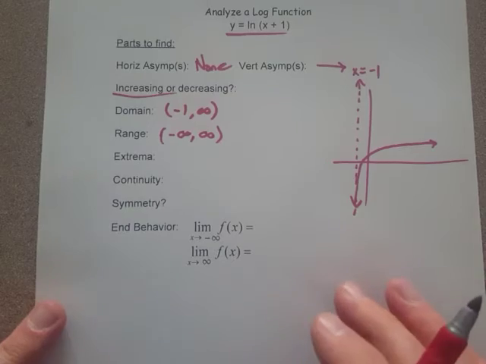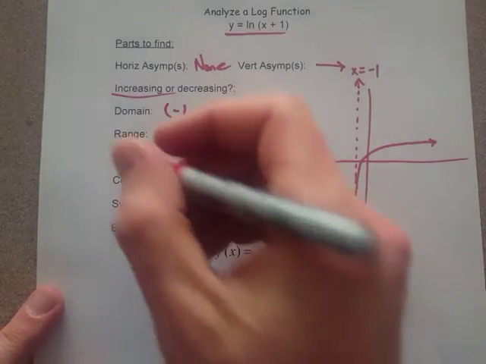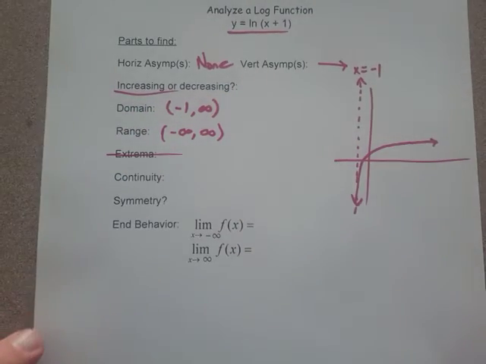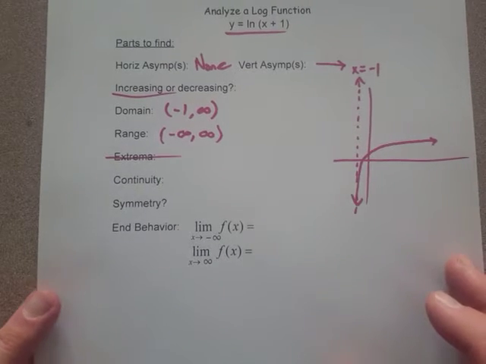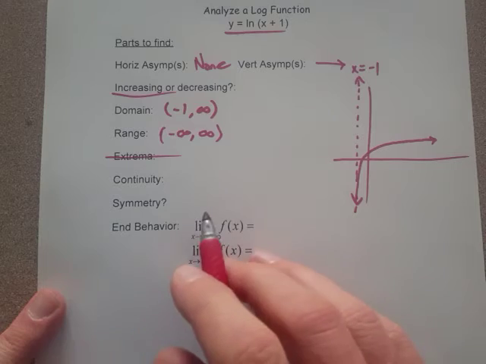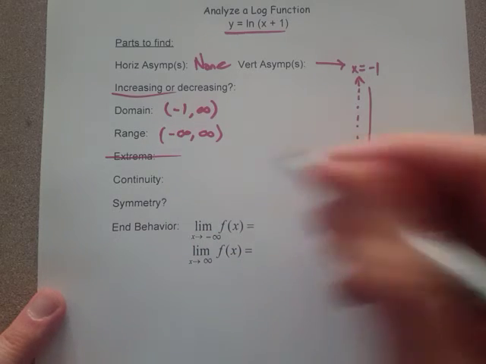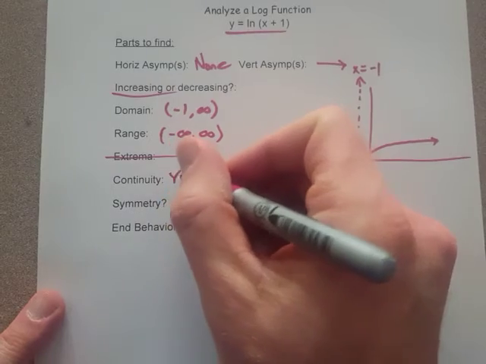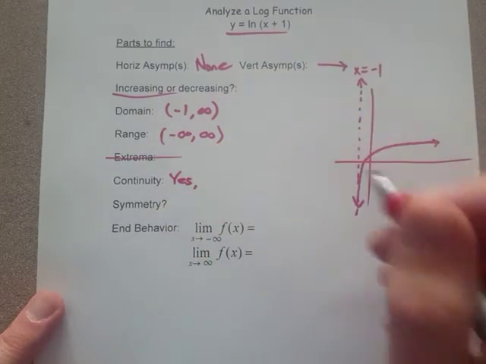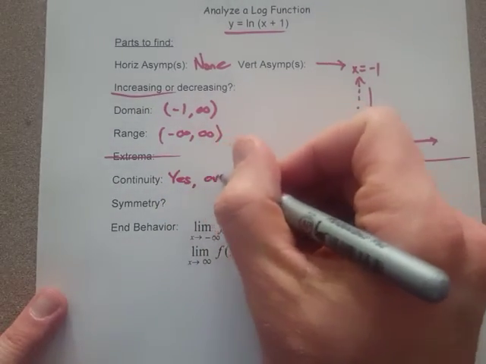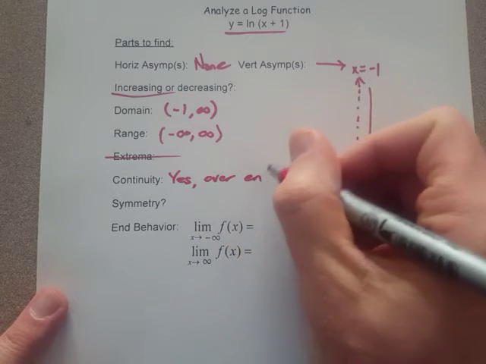Extrema, mins and maxes, doesn't have any. There are no mins or maxes in this. It just keeps going in one direction forever. Continuity, is this thing continuous? Can you draw the whole thing without lifting up your pen or pencil? The shorter answer is yes. The little bit longer answer is yes over the entire domain.